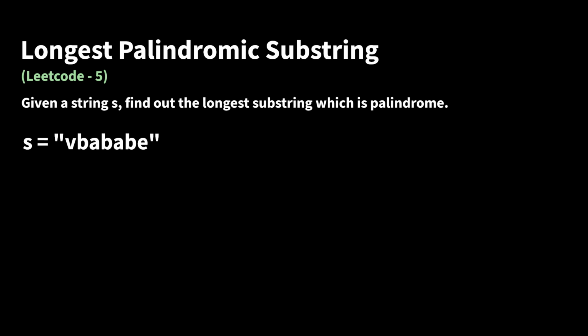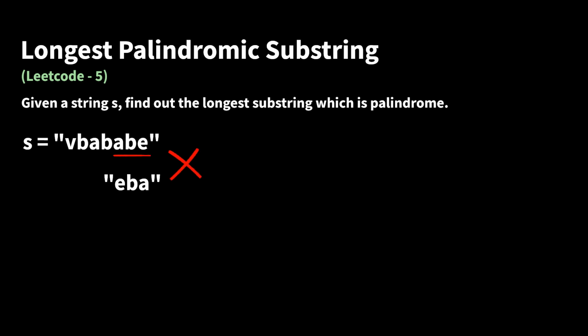Now let's take the example ABE. If you reverse this, you will get EBA, which is not the same as the original substring. So hence this substring is not a palindromic substring.